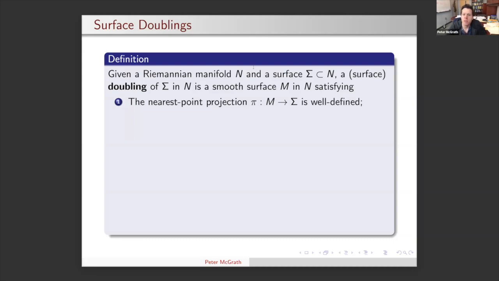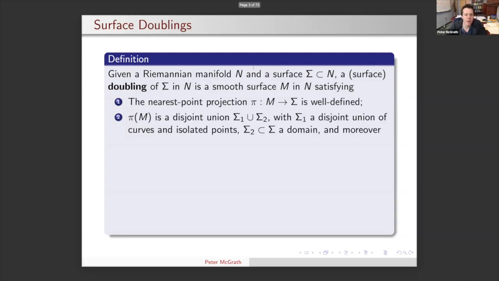First, the nearest point projection in the ambient space from M to sigma is at least well defined on M. And then the projection of M to this base sigma splits into two pieces that I call sigma 1 and sigma 2.